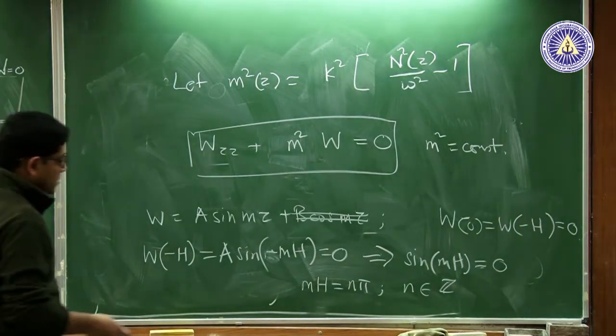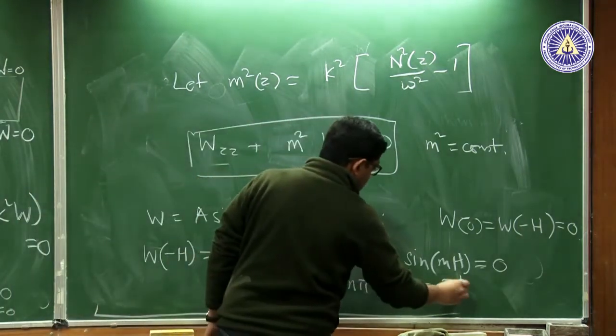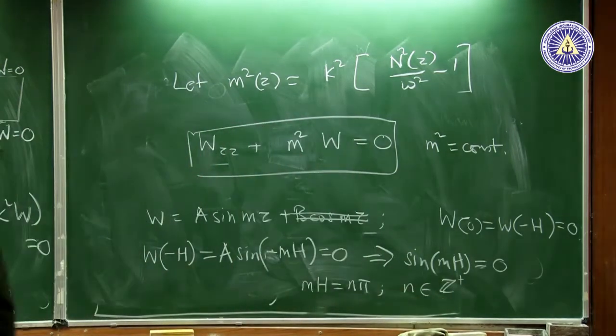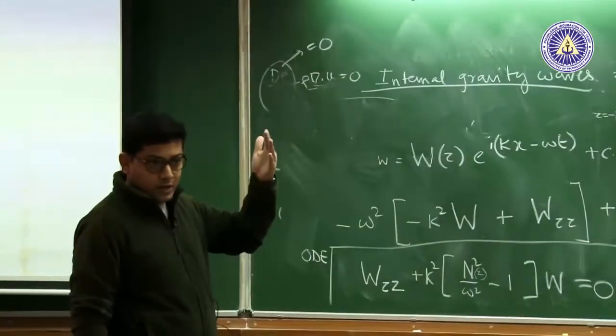Sorry to interrupt. Why have we put W equal to 0 on the top? Rigid lid boundary condition. Yes, because at order epsilon, the free surface enters at order epsilon square.